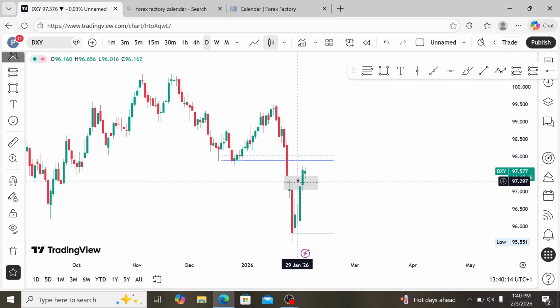If peradventure price taps into this main threshold, I'm going to be looking for a buy on the DXY to the low and the main threshold of this red candle, which is the bearish breaker, formed by the high. This is a high, made a higher high, and then a break below.